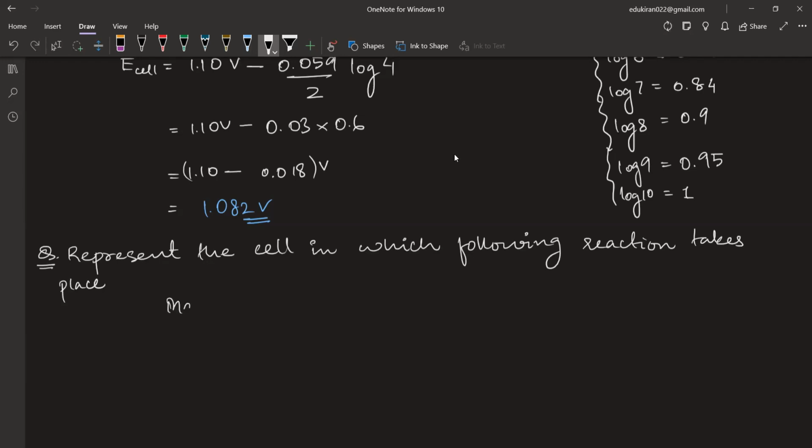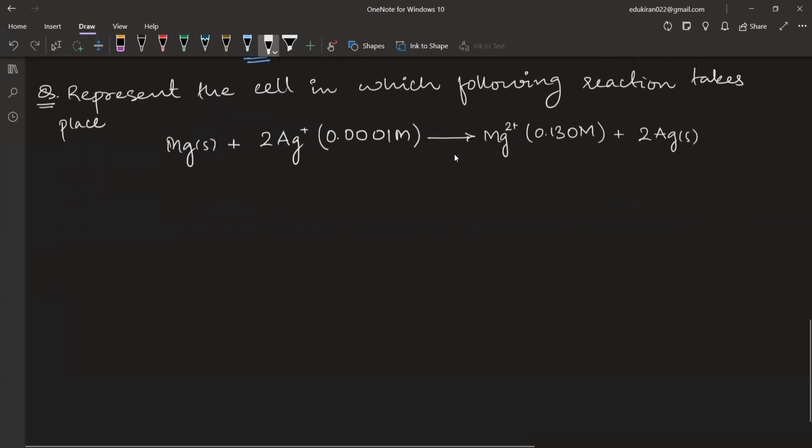They have given Mg solid plus 2Ag plus, with 0.0001 molar concentration of Ag plus, getting converted to Mg2 plus, its concentration is 0.130 molar, plus 2 Ag solid. So this is your reaction and you have to represent the cell.